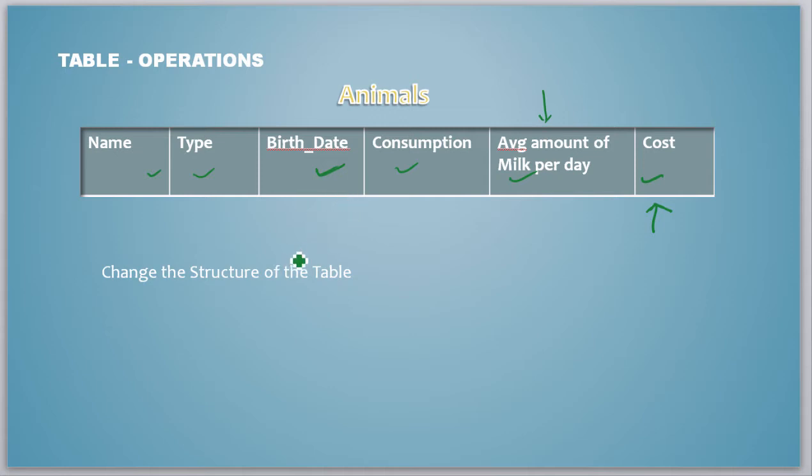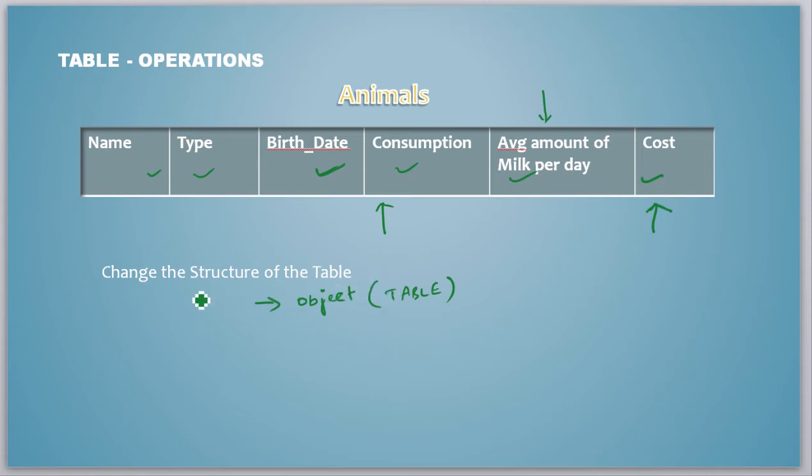So there are different sets of commands which would change the structure of the table, and there are some commands which would change the structure of not only a table but any object, of which table is also an object. I'll talk about the other objects later.